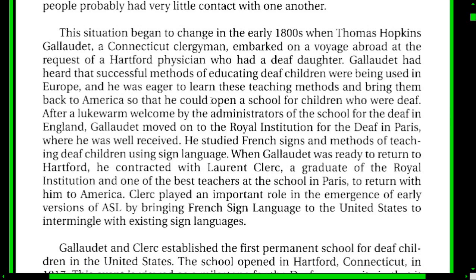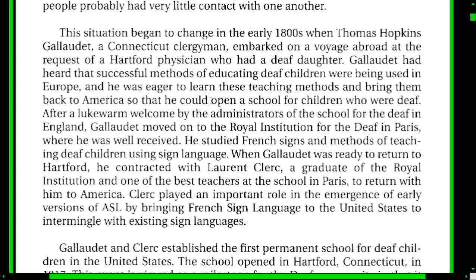After a lukewarm welcome by the administrators of the School for the Deaf in England, Gallaudet moved on to the Royal Institution for the Deaf in Paris, where he was well received and learned the history, French, science, and methods of teaching deaf children using sign language.